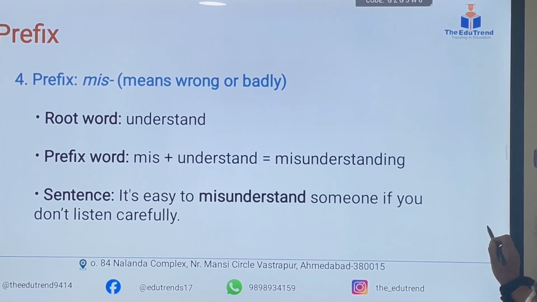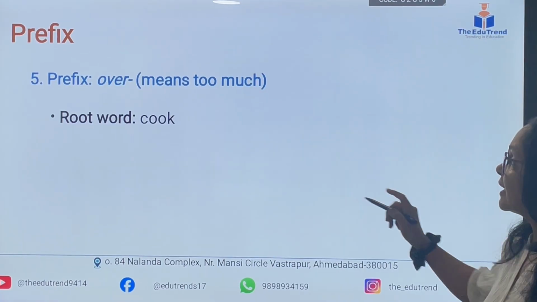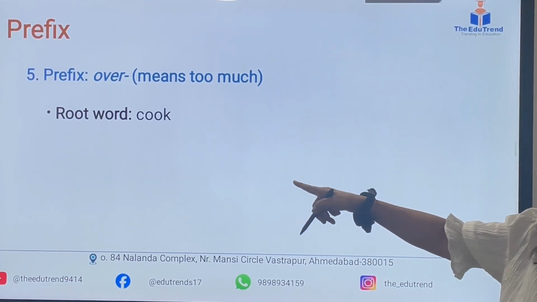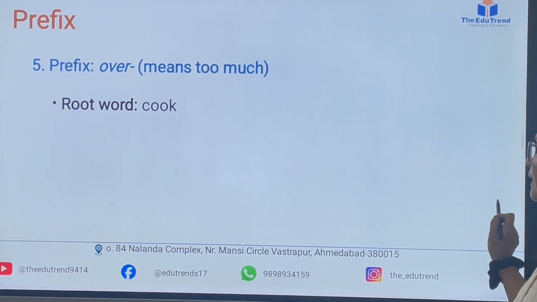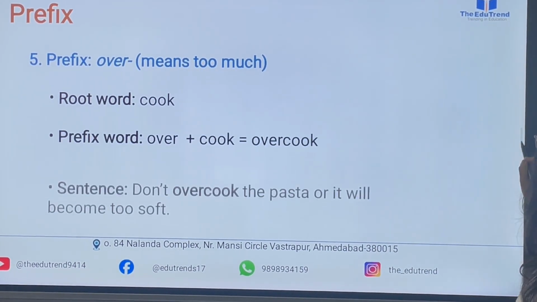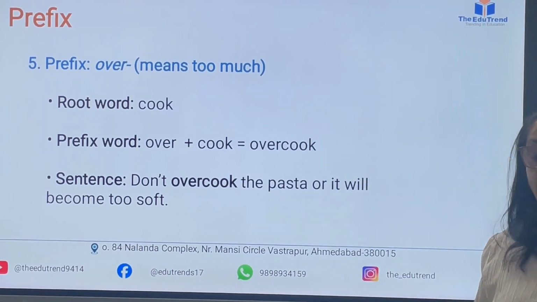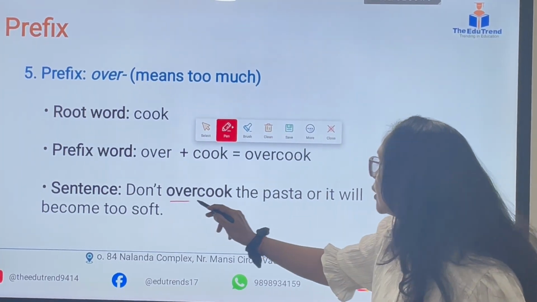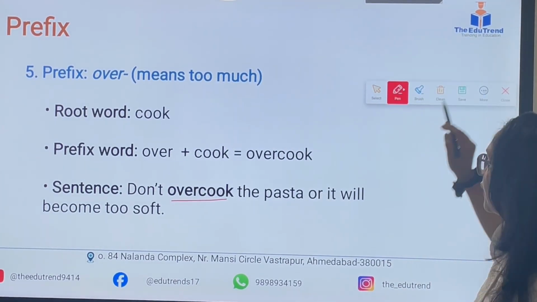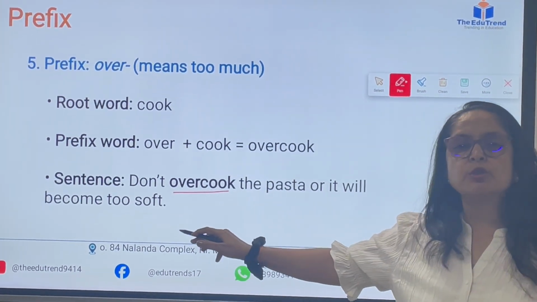Okay, moving on with the last example of the prefix, which is over. And the root word here, I've taken as cook. And the word that we get over here is overcook. Looking at the sample sentence, it says, don't overcook pasta or it will become too soft.